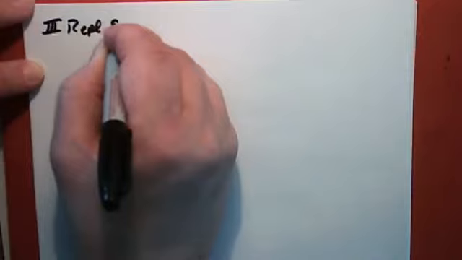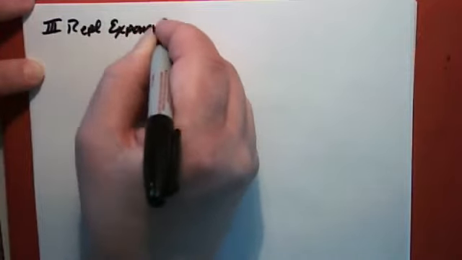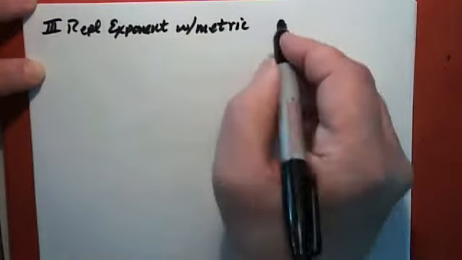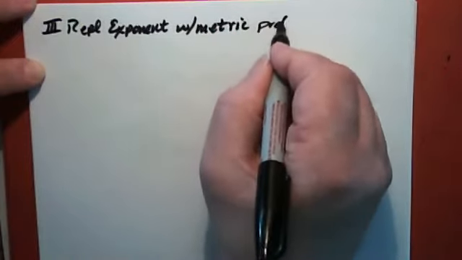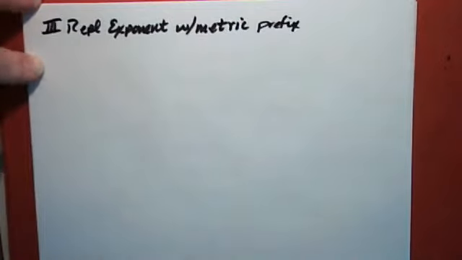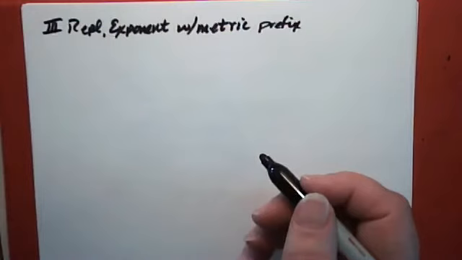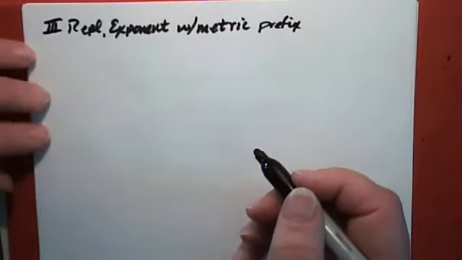Roman numeral 3 on that page is to replace the exponent with a metric prefix, which is what we did a couple parts ago.